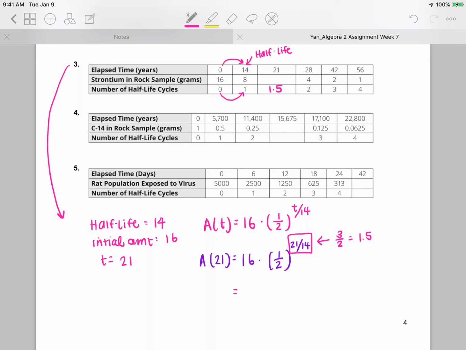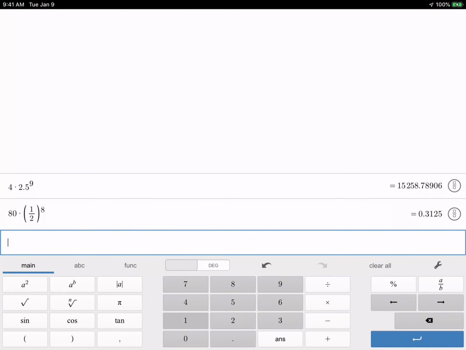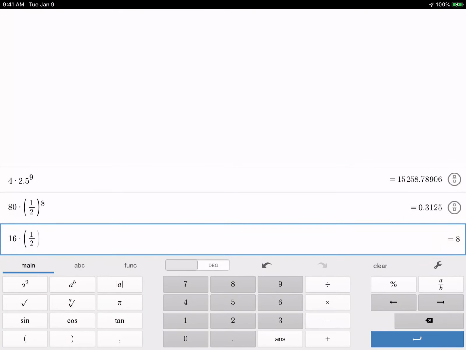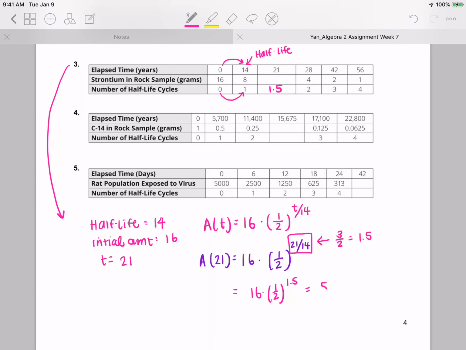If you put all of that in your calculator, 16 times 1 over 2 to the 1.5, we get 5.657, and I can write that back in here.